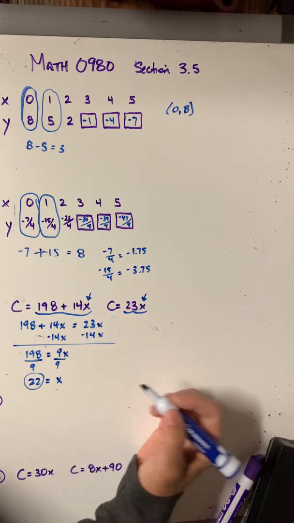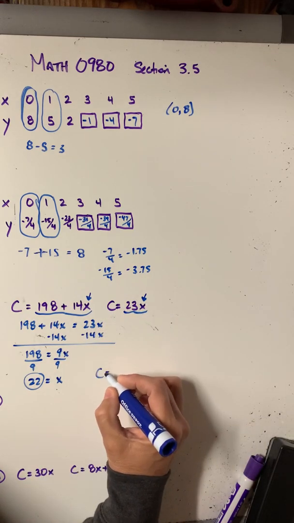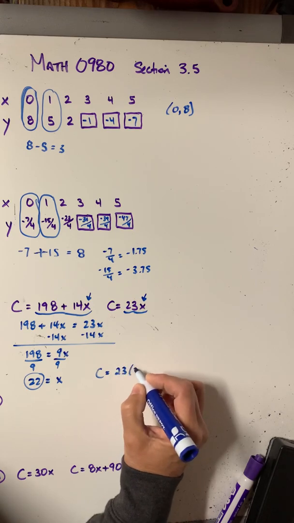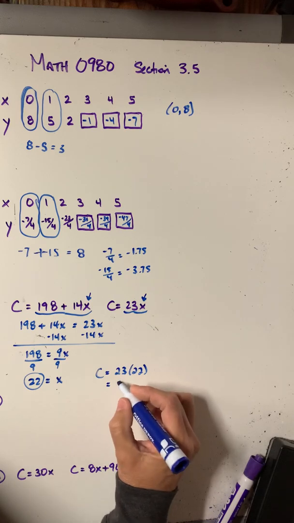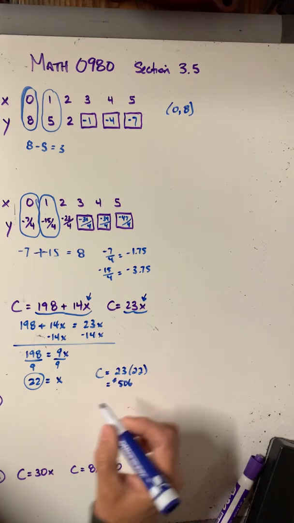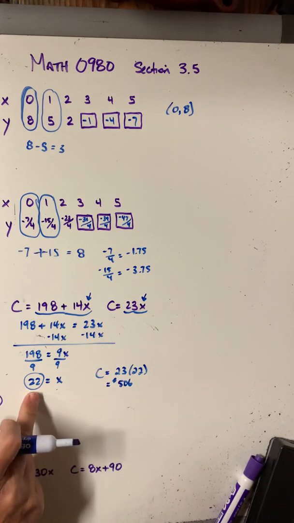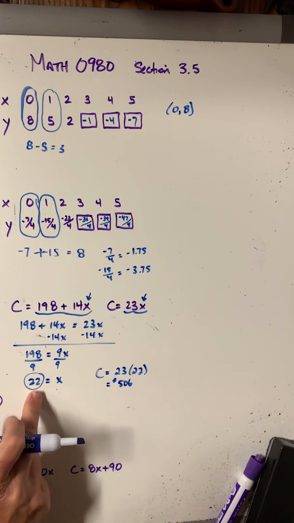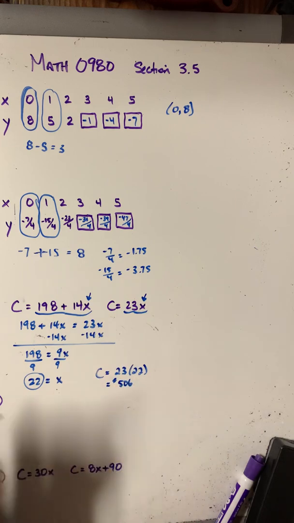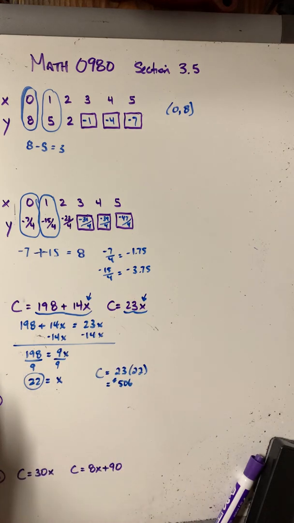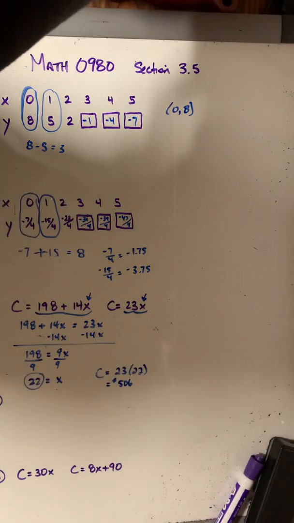This looks easier to do, so I'm just going to calculate 23 times 22, and my cost would end up being $506. So I first solve for X, which gives me the area in square feet, then I plug that value back into X for either equation, and I should get the same answer regardless of which equation I used. All right, let's look at question number 4.